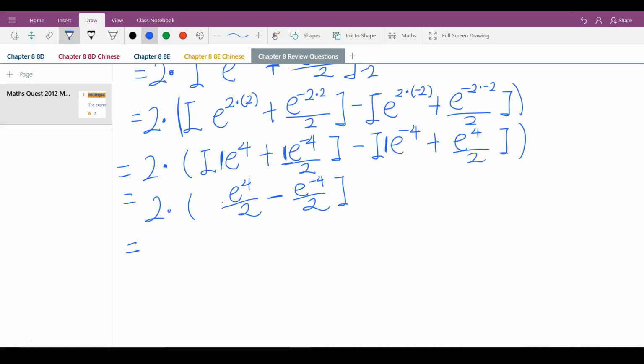And then at the end, we times everything by 2, which gets rid of the denominator. Alright, perfect. So we get e to the power of 4 minus e to the power of negative 4. Or this can also be expressed as e to the power of 4 minus 1 over e to the power of 4. Right, by flipping it, we can make the power go back to a positive index.